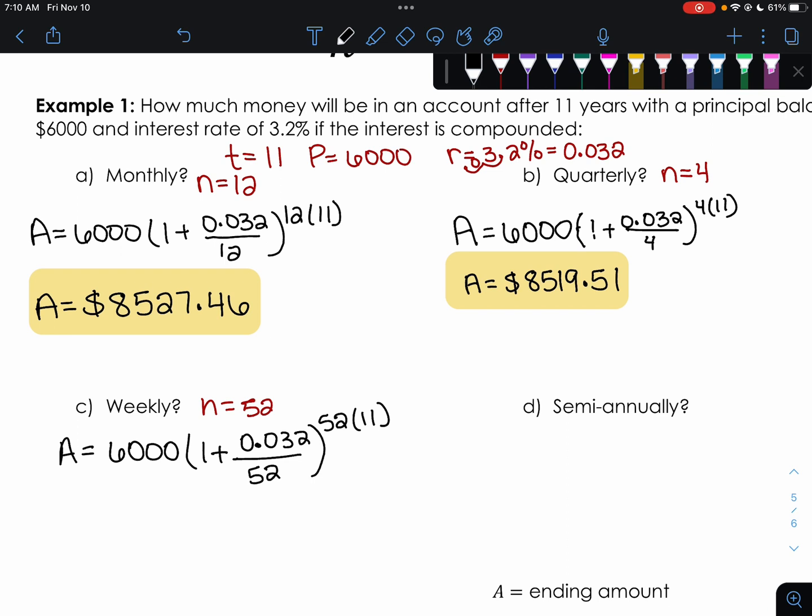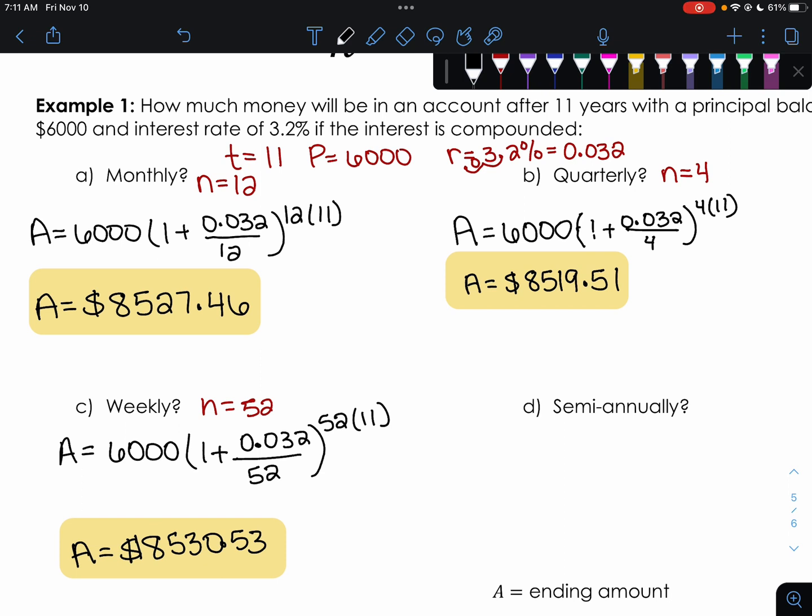So we type it into our calculator, and we would get 8,530.53. So you do need to make sure that you're typing this into the calculator and you're getting the same numbers. And again, you're typing it in exactly as it looks.